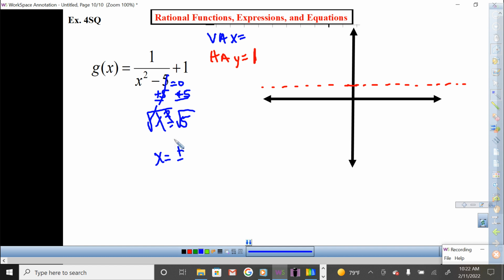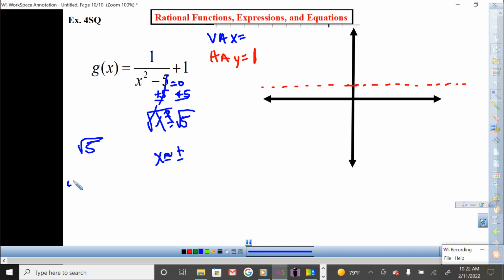What's the square root of 5? It's approximately... Okay, so how do you find the square root of 5? Tell your neighbor, please. So between what? That's the one that's in between the two perfect squares, right?